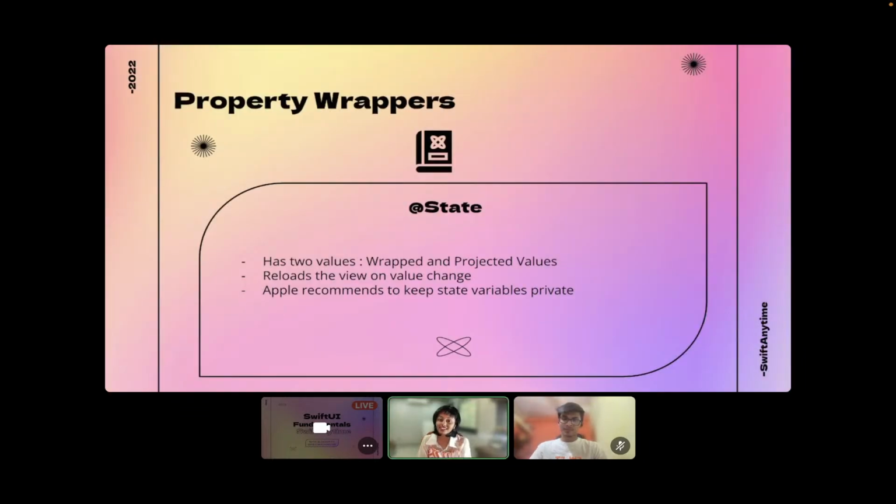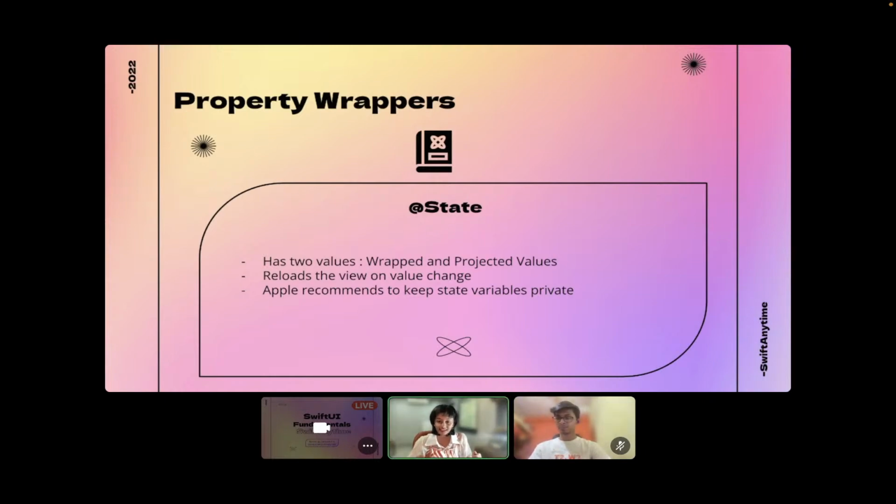So State, I guess this is one thing you see literally everywhere. The most inevitable thing. When you start, this is the one thing we always go for. As you can guess, it's the most fundamental property wrapper you use for saving values and changing them.